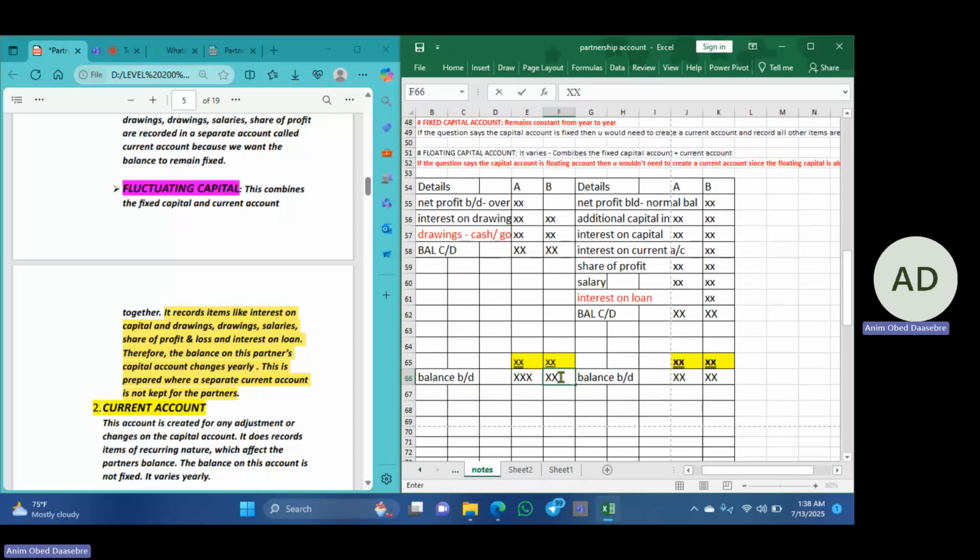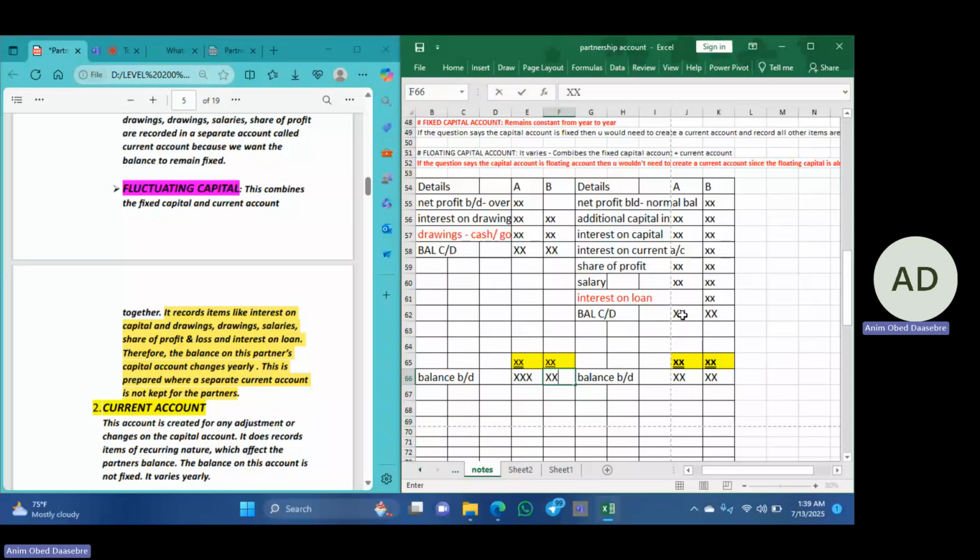Right. So you have to do the total for A separately, comparing the debit and the credits. Maybe partner A debit side will be greater than partner A credit side. And that means that if partner A debit side is greater than the partner A credit side, then the balance c/d will come toward the credit side.